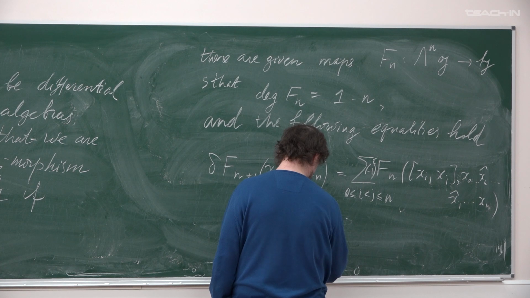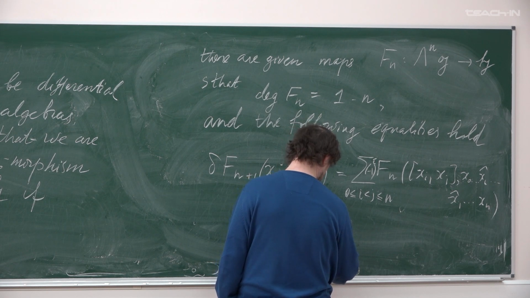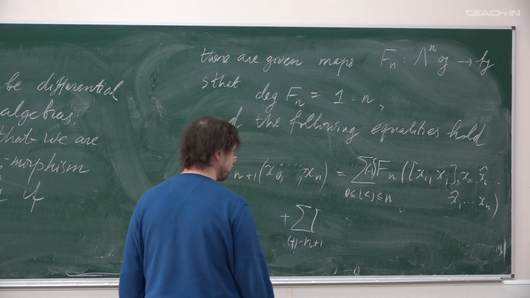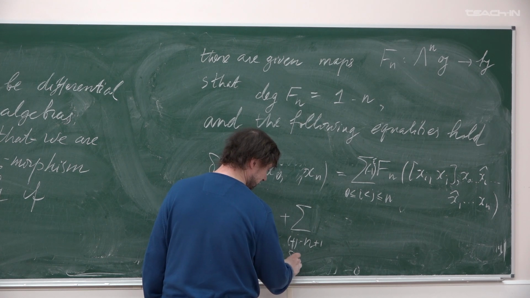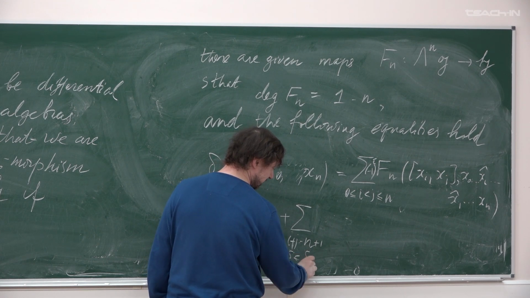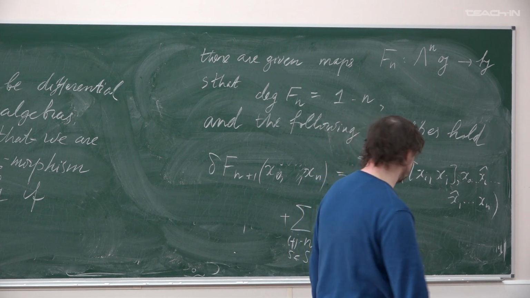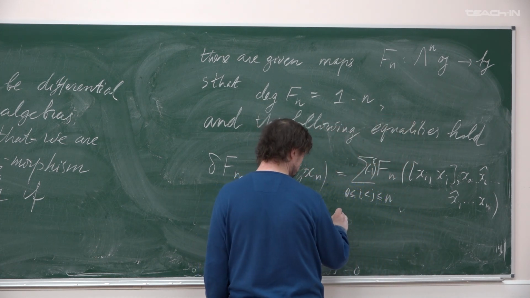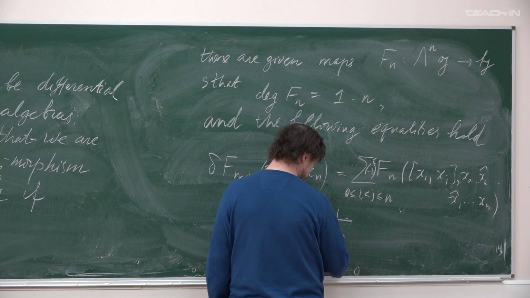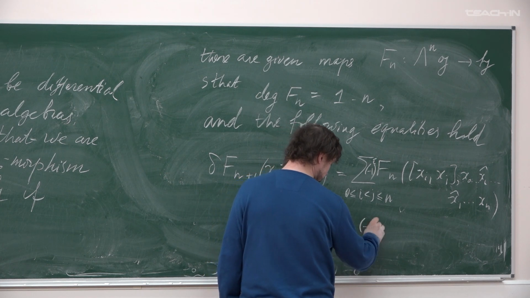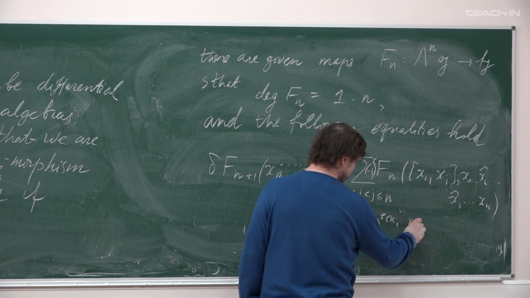It is the sum for all i and j whose sum is equal to n plus 1, and again the sum over all permutations of S n plus 1 elements, with 1 over i factorial, j factorial, a certain sign of this permutation, which depends on the permutation and also on the elements.